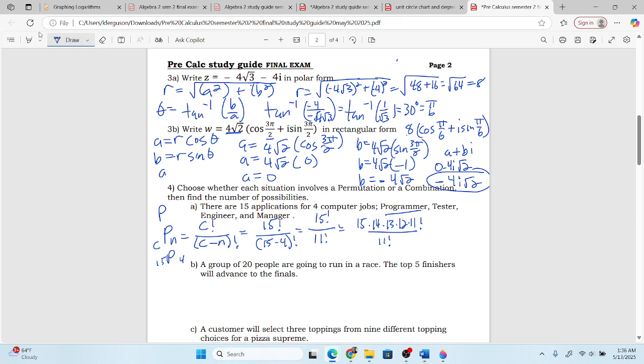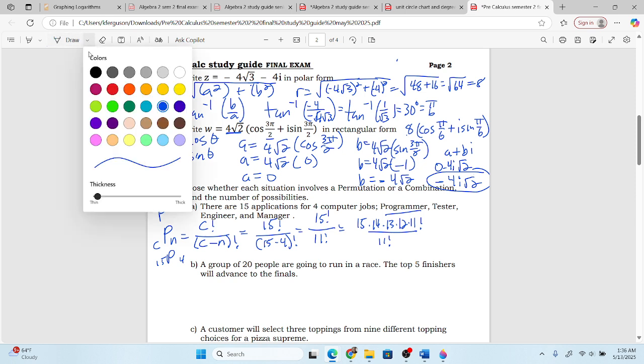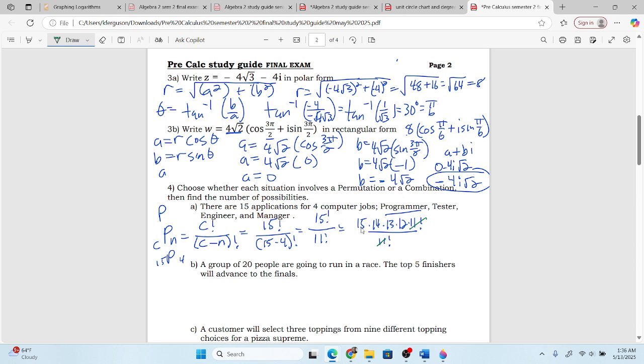So this and this cancel each other out, and then I just got these four values. Got 15 times 14 times 13 times 12. That ends up being 32,760.